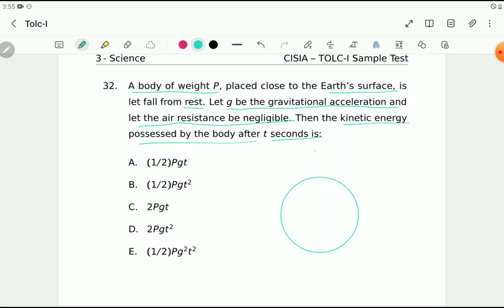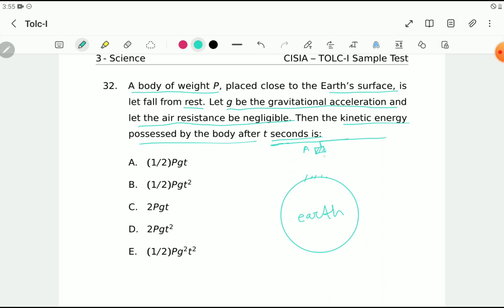For example, it could be any object, like we can name it a box, which is placed close to the earth's surface. This is the earth and this is our object. So this object is held here.